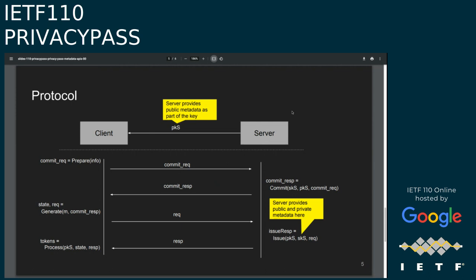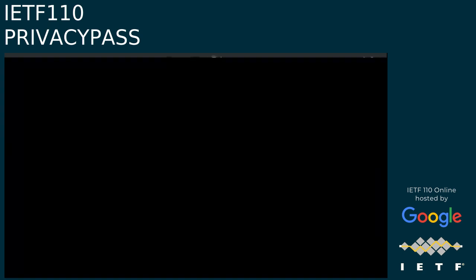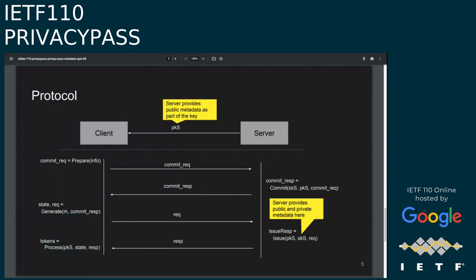I don't believe so. So say, for example, Bo can probably speak more to this, so maybe I should let him answer. In the private stats case, in the anonymous token case, you can either fold metadata into the public key such that it does not affect the online issuance flow whatsoever, or you can fold it into the issuance evaluation in real time.